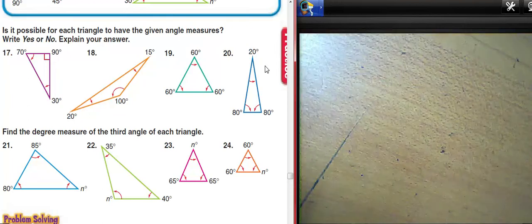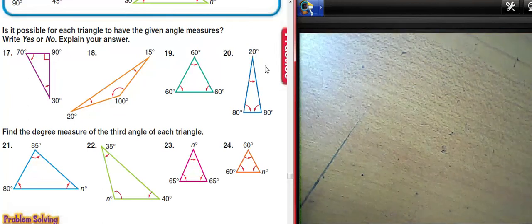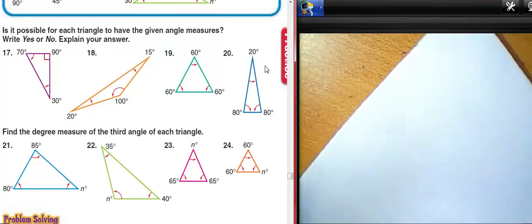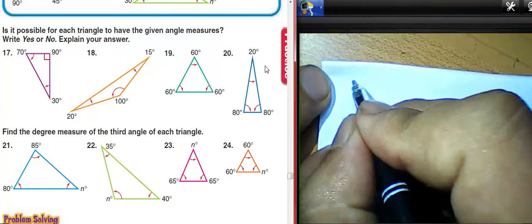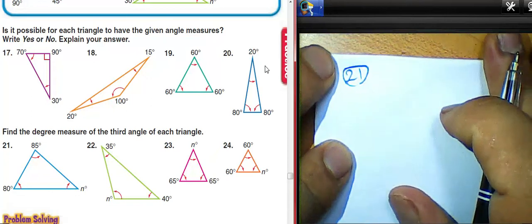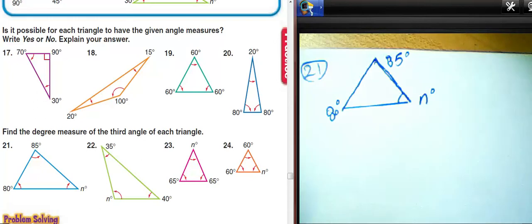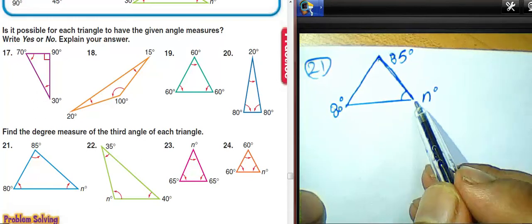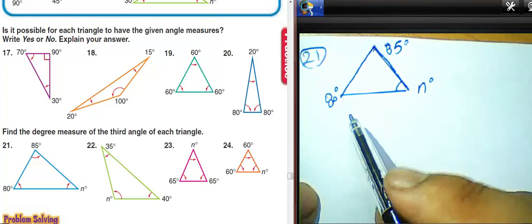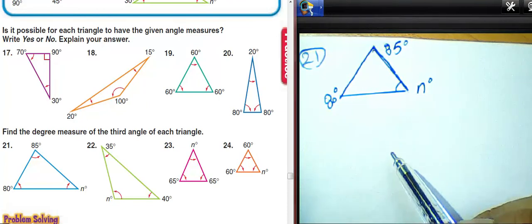Question 21. Find the degree measure of the third angle of each triangle. We have a triangle. In this example, we can find the measure of angle n. We know the sum of interior angles of any triangle is 180.